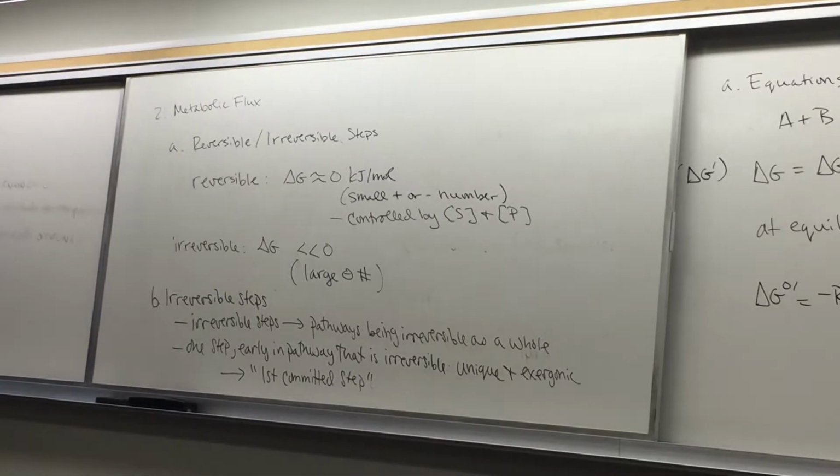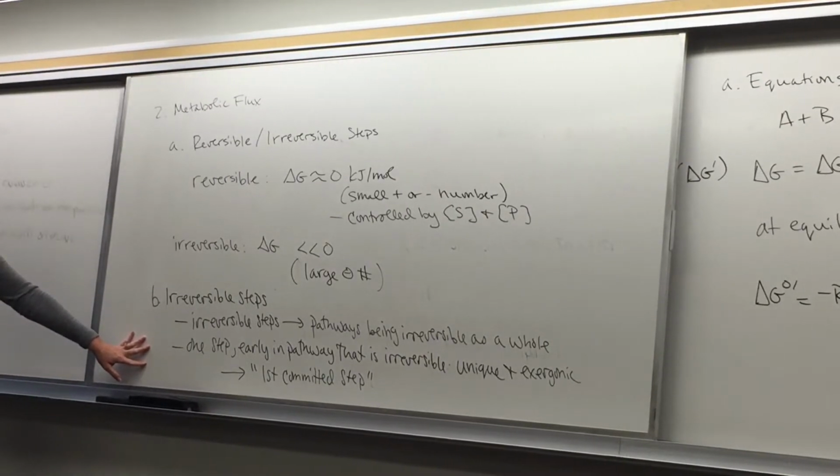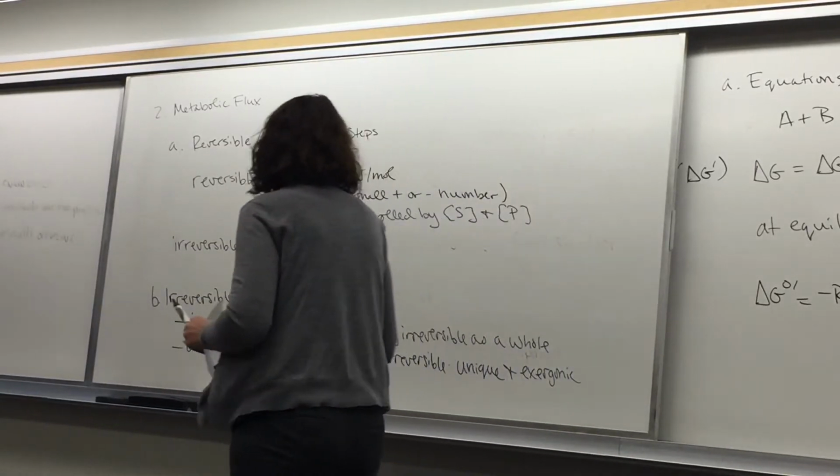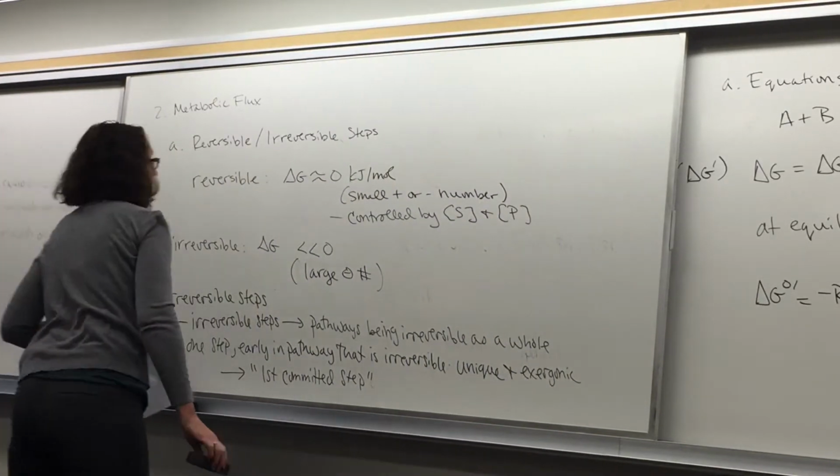Okay, so that first committed step, you're going to see the most regulation with that. And you're going to be a little bit surprised to find out that it's not necessarily the one that you think it is in glycolysis. Because there's two regulated steps very early in the pathway. One of them is considered the first committed step, the other one is not. So we'll see that, but it's probably not the one that you think it's going to be.